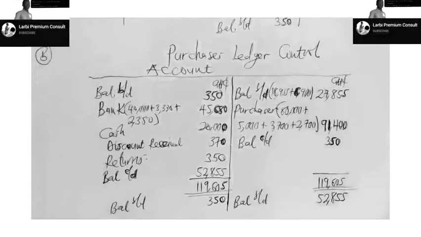So if the figure was at the debit side, you should sum all the debit side of the individual accounts and paste it at the debit side of control. If it was at the credit side, the same thing. You sum all of them up in the individual accounts and paste them in the purchase ledger control account. So that is how we prepare a control account from individual accounts.